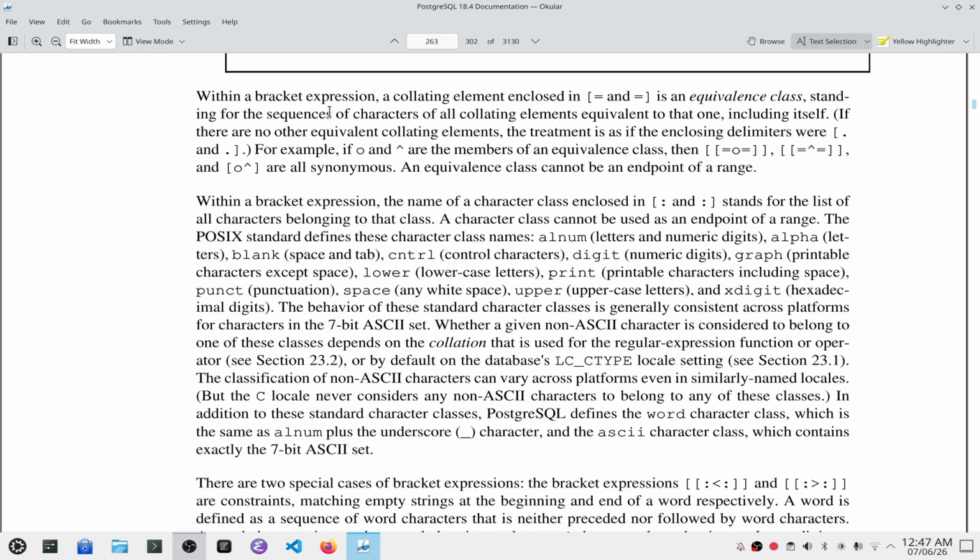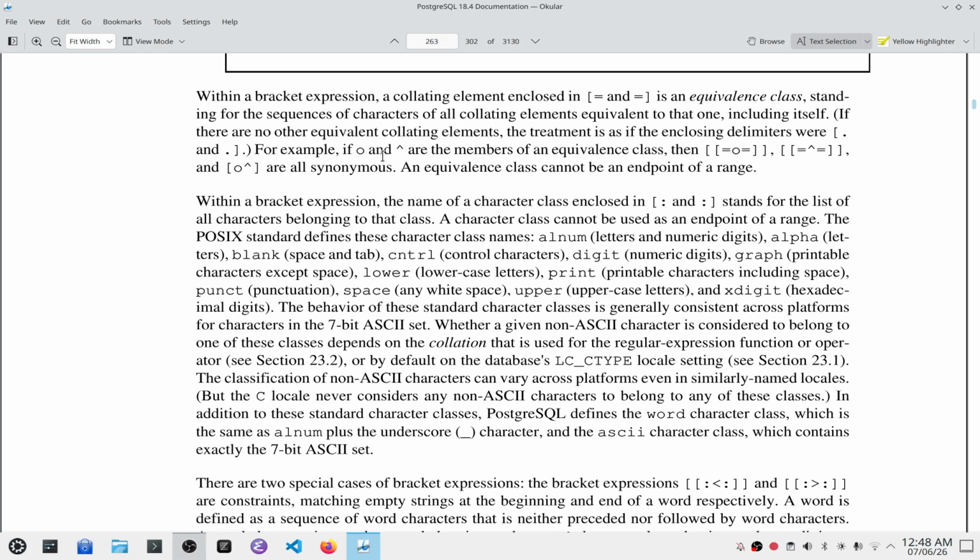Within a bracket expression, a collating element enclosed in left bracket equals and equals right bracket is an equivalence class, standing for the sequence of characters of all collating elements equivalent to that one, including itself. If there are no other equivalent collating elements, the treatment is as if the enclosing delimiters were bracket dot and dot bracket.